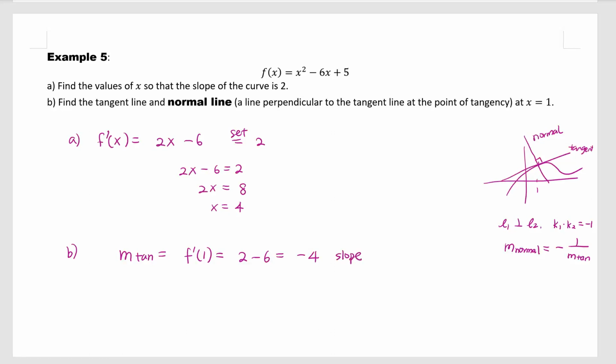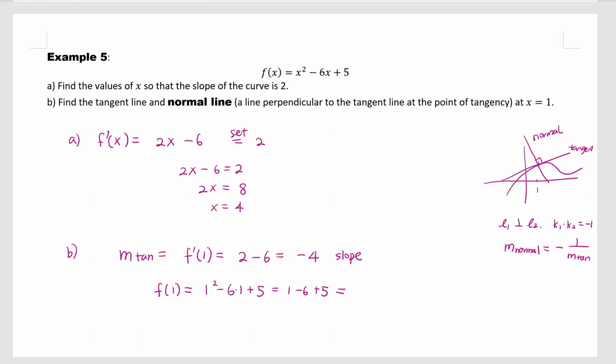To write a tangent line equation, we also need the point. We know the x value of the point, that's 1. How about the y value of the point? We need to plug into f. So 1 squared minus 6 times 1 plus 5, so 1 minus 6 plus 5.